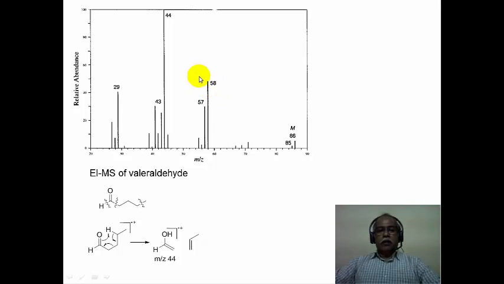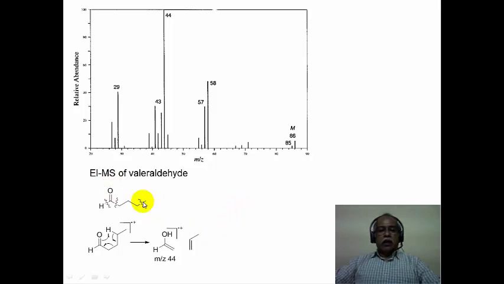The ion peak corresponding to 58 m/z corresponds to the delta hydrogen abstraction, where the hydrogen from this position is abstracted. The formyl loss is seen as a 29 peak, which corresponds to HCO. In fact, this alpha fragmentation results in HCO formation as an acylium cation in this particular case.